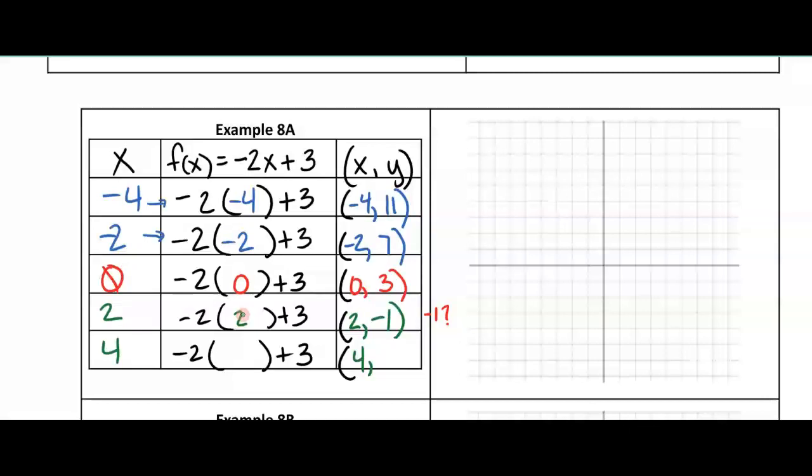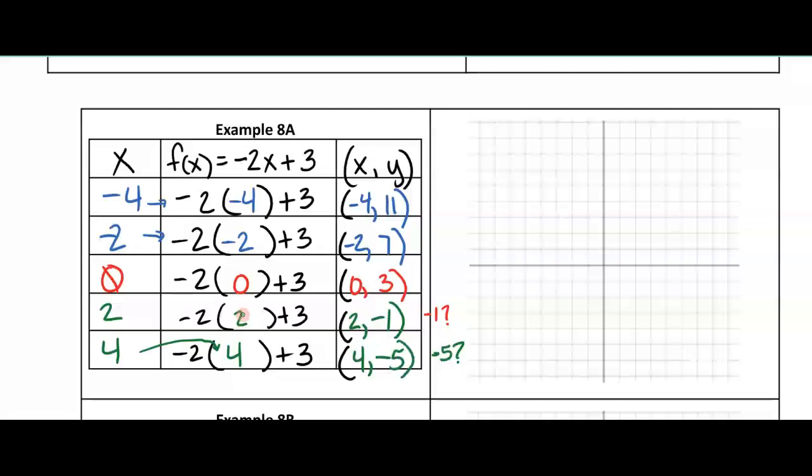What would we predict the next number might be? Negative 5. Okay. So evaluate for 4. Negative 2 times 4 is? Negative 8. Negative 8 plus 3 is? Negative 5. Our prediction was good.